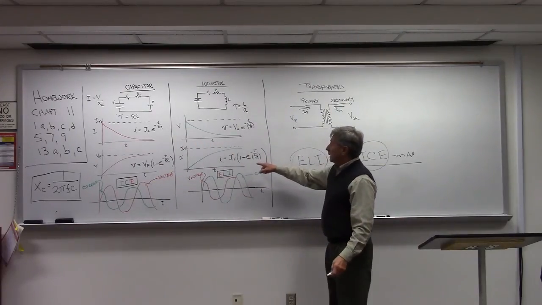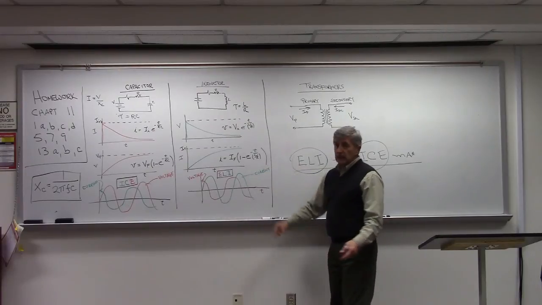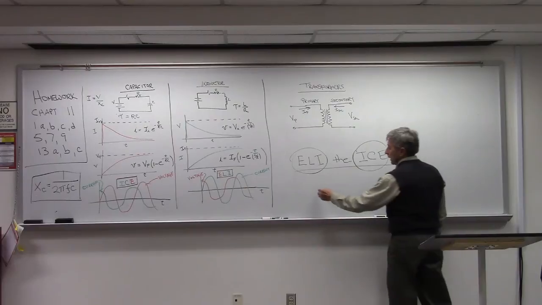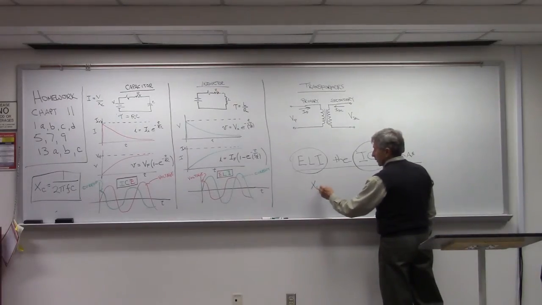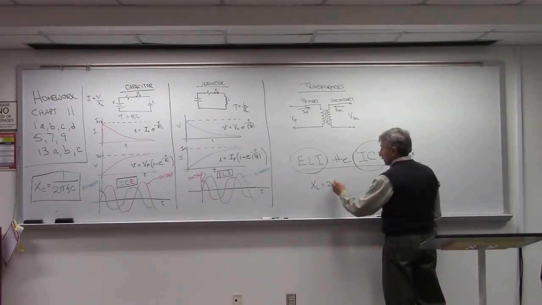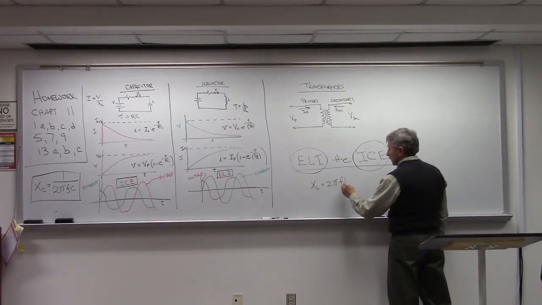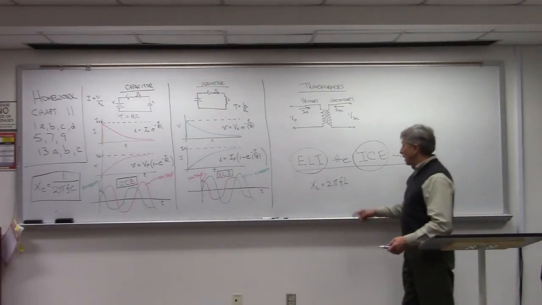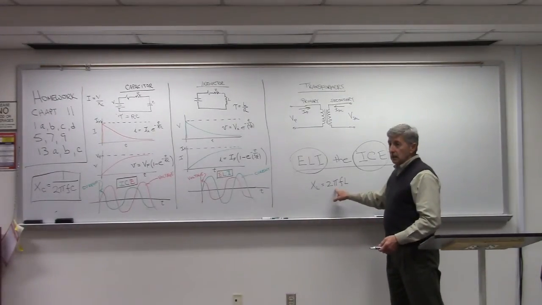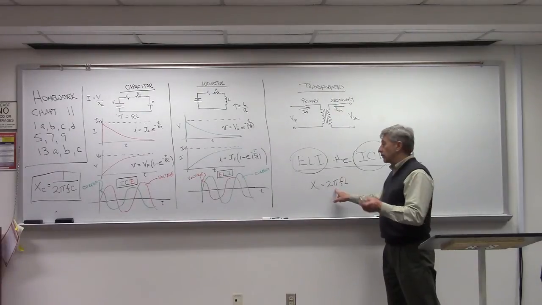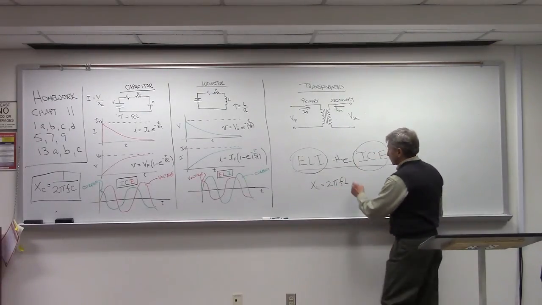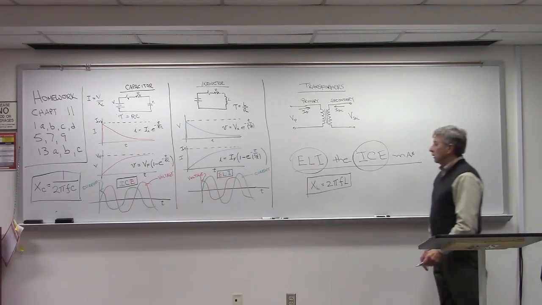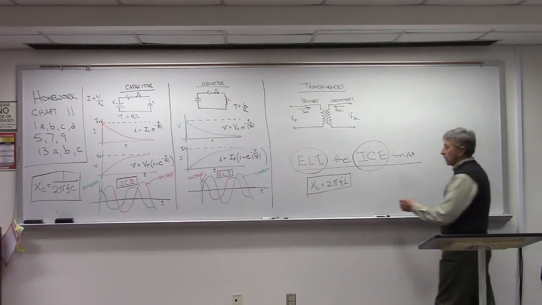Well, in an inductive circuit, the inductive reactance is X sub L, and it's equal to 2 pi times the frequency times the inductance. So this is the opposition that an inductor has to the flow of alternating current. It's measured in ohms, and the same rules for Ohm's law apply.